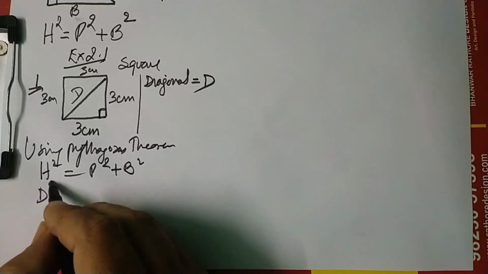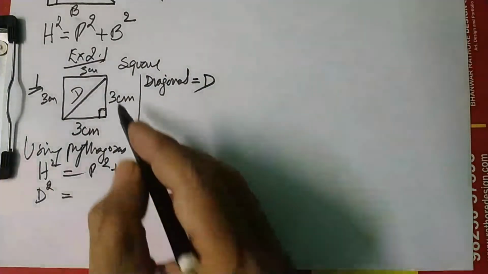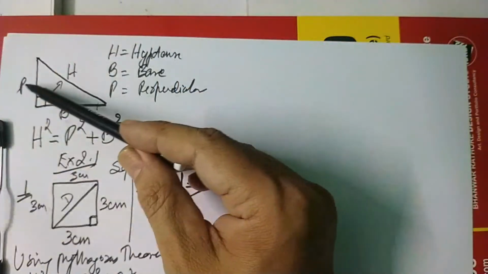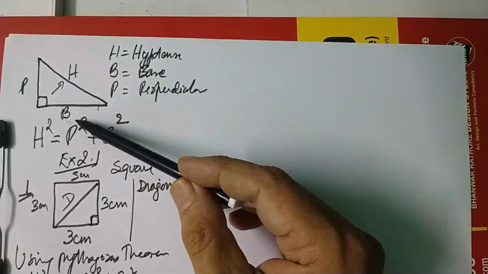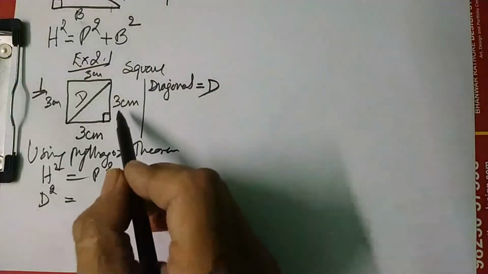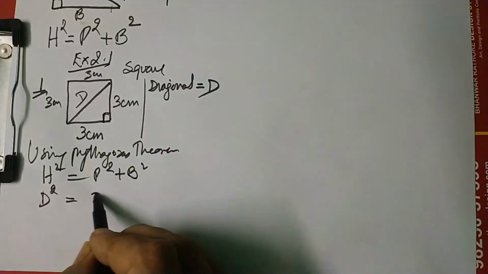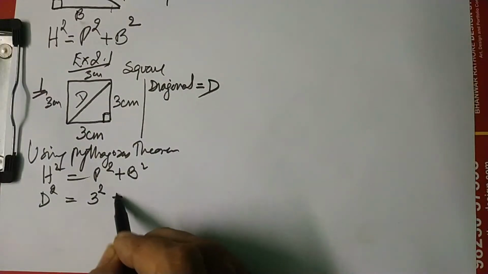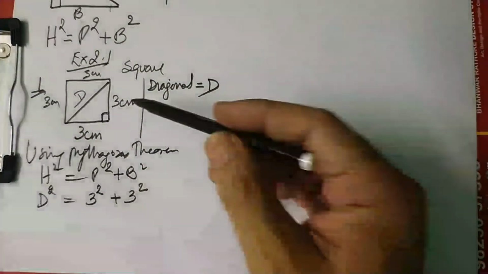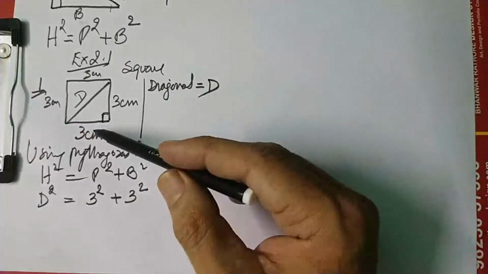So I can write d square is equal to p square plus b square. The perpendicular is the vertical part, which is p. B is the base. So in this figure, the perpendicular is 3 and the base is 3. So I will write 3 square for p and 3 square for the base.